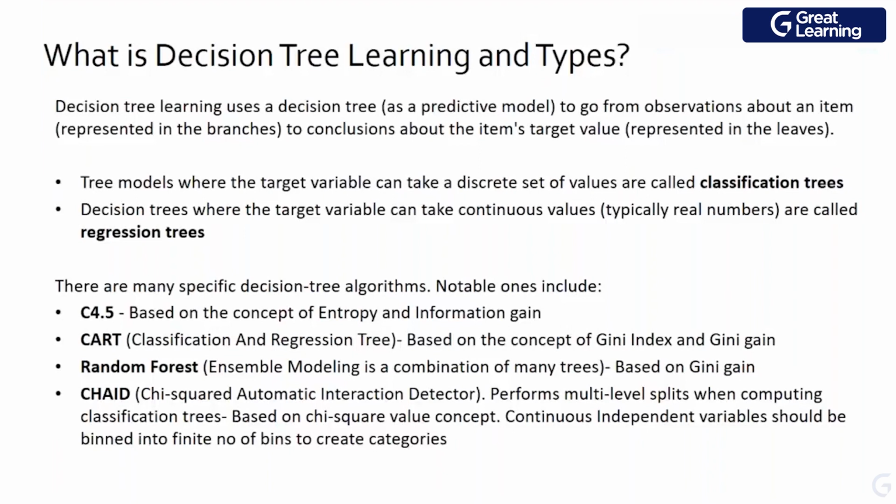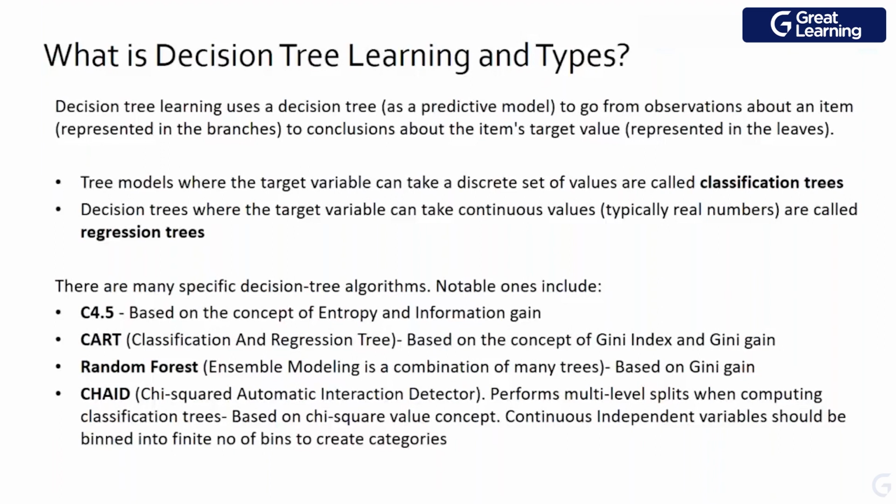It's based on the concept of Gini index and Gini gain. Then you have random forest. Random forest is an ensemble modeling, which is typically a combination of many CART trees. When you have many classification trees and you combine them, it typically is called a random forest technique. It's an extension of the CART technique. That's why it's also based on the concept of Gini gain.